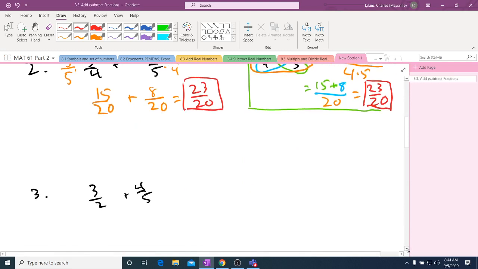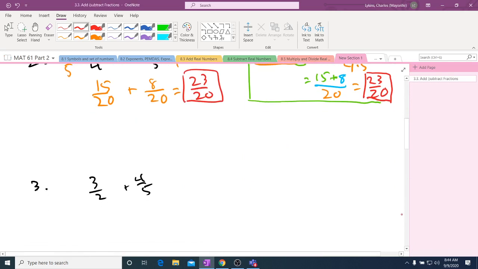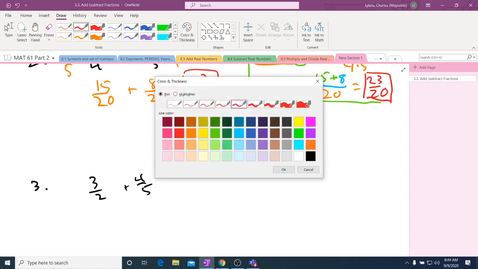Okay, number 3. Now I've got 3 halves plus 4 over 5.